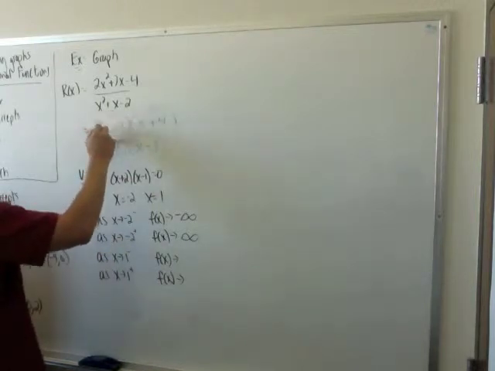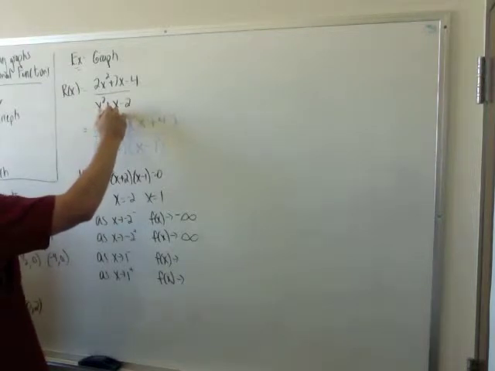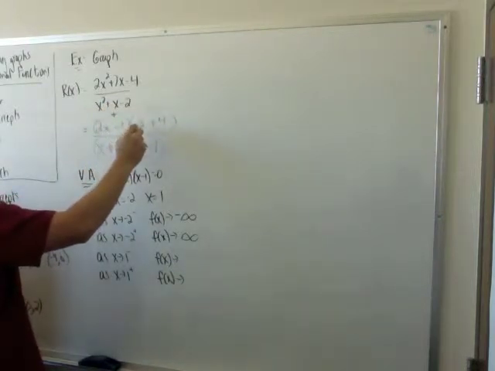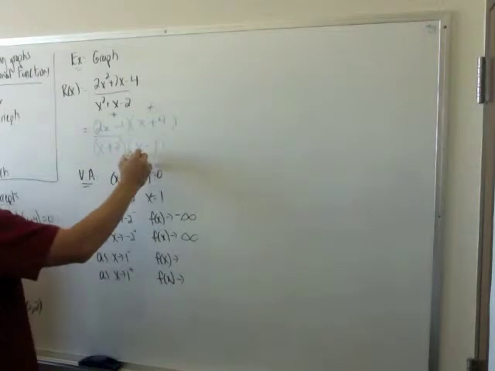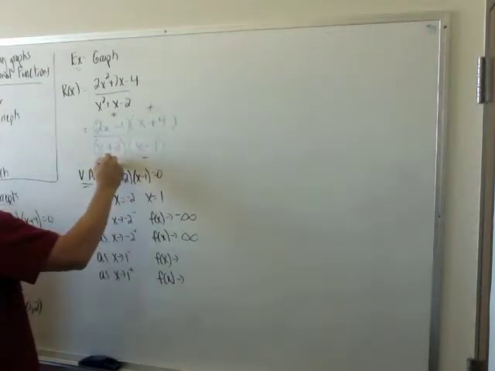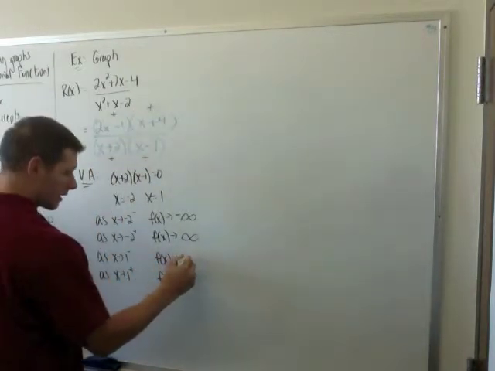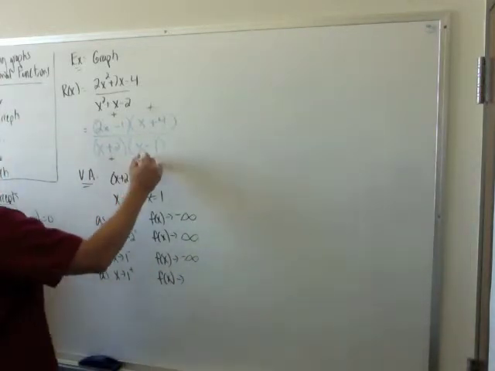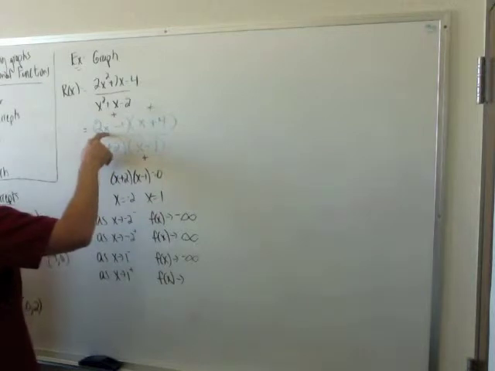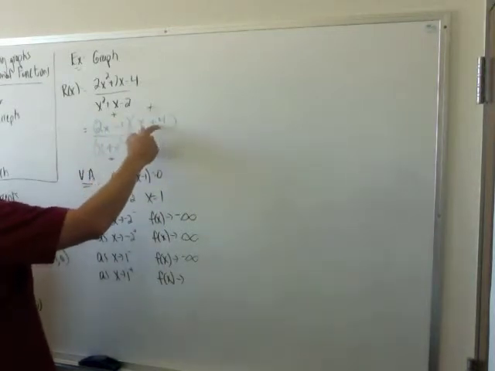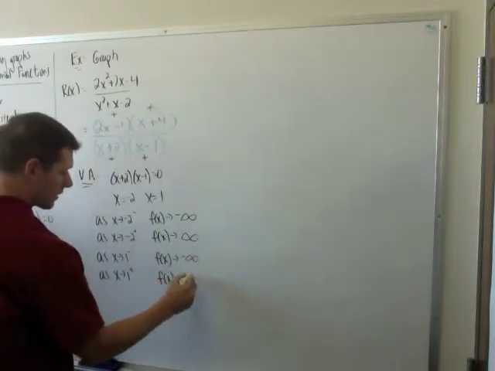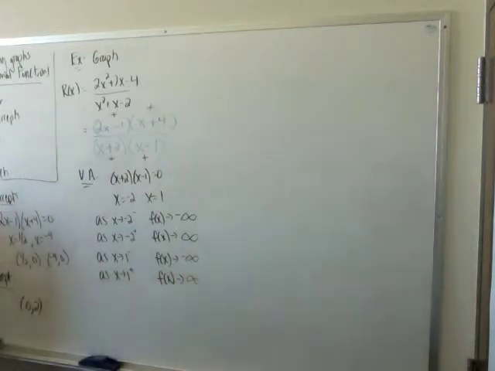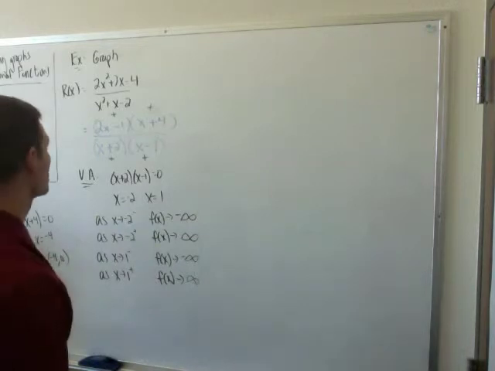That'll be 2 times 0.99 minus 1, which is negative. 0.99 plus 4 is positive. 0.99 minus 1 is negative. 0.99 plus 2 is positive. So this will be negative infinity. And from the right, it can be 1.01. That turns out to be positive, positive, positive. So that goes to positive infinity. Okay, so we finished vertical asymptotes.